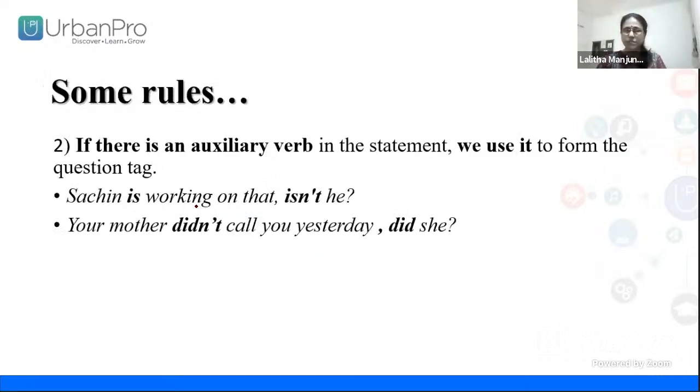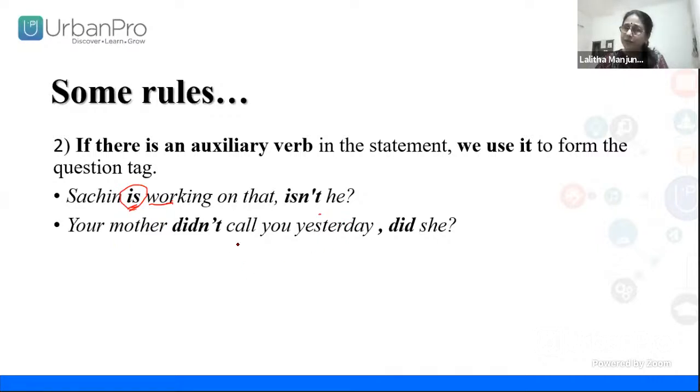Okay. The next rule is if there is a helping verb in the statement, we use that helping verb to form the question tag. So let's look at this example. Sachin is working on that. So this is the main verb. This is the auxiliary or helping verb. Isn't he? So I can't use the main verb to make the tag. I will use the helping verb to make the tag. Let's try the next one. Your mother didn't call you yesterday.